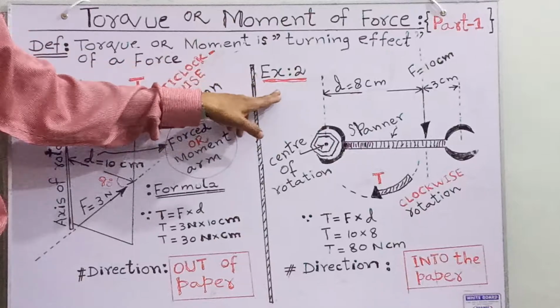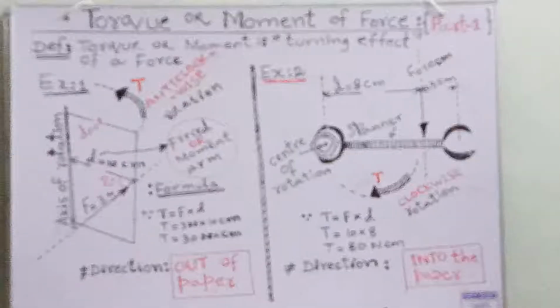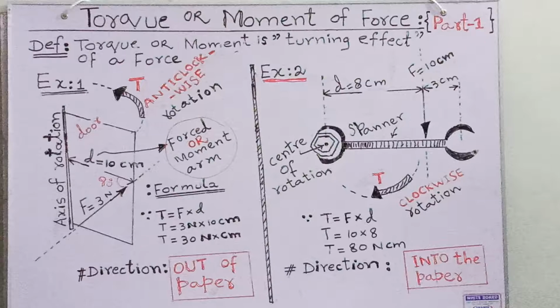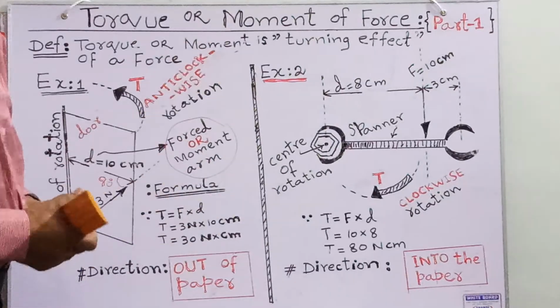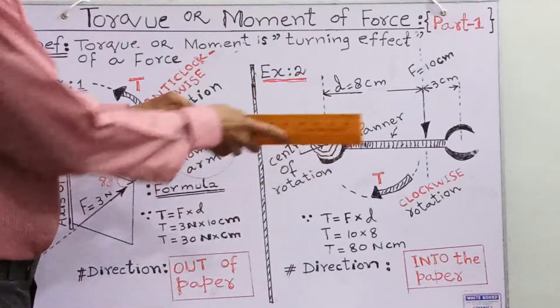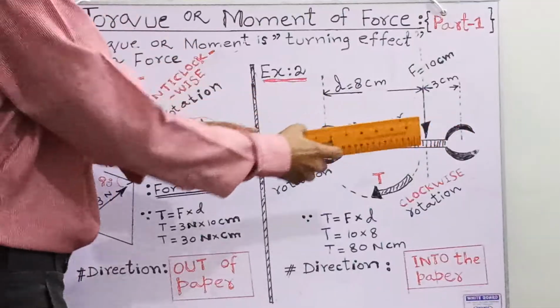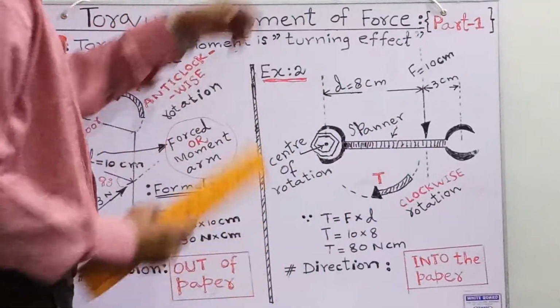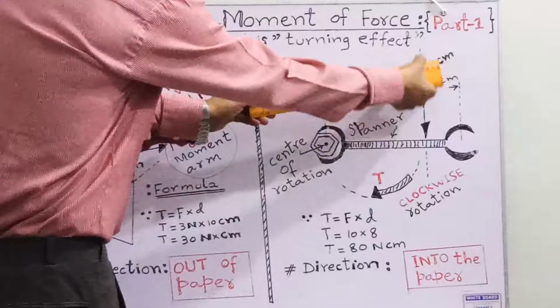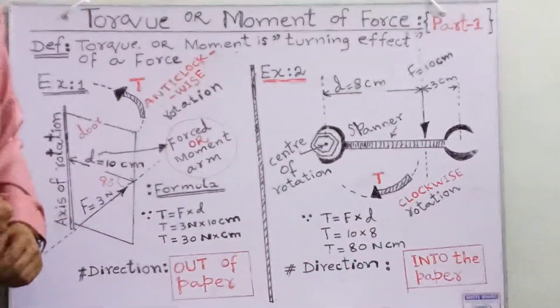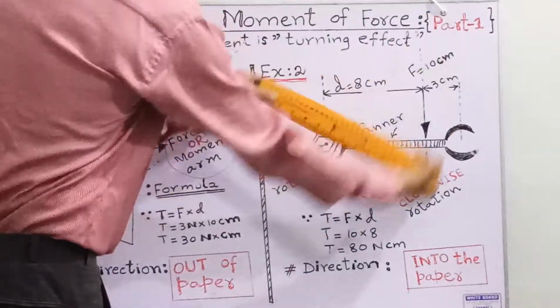Now let's come back to example number 2. It is comparatively a bit easier. Suppose it is a spinner and I apply the force in the downward direction. I want to turn it in the downward direction.